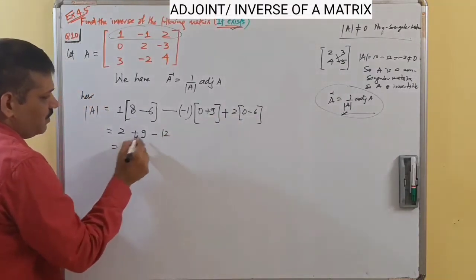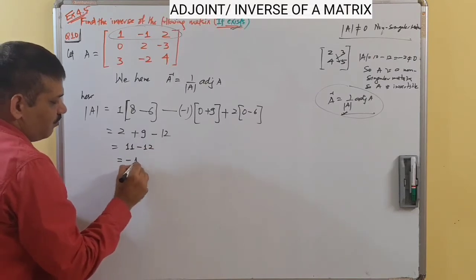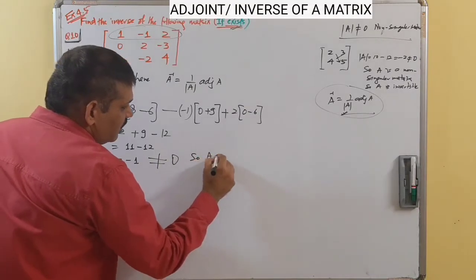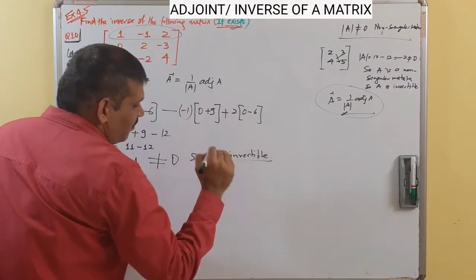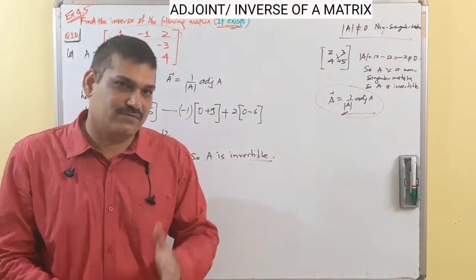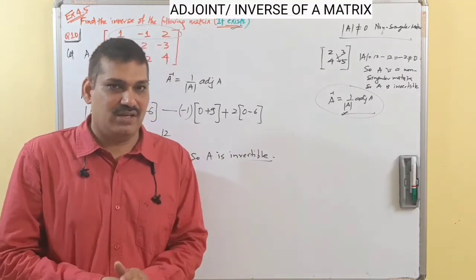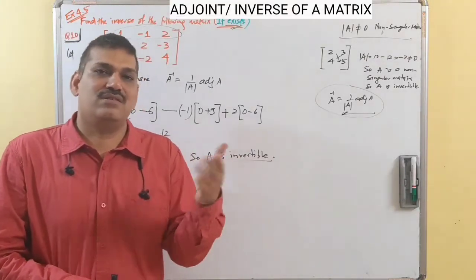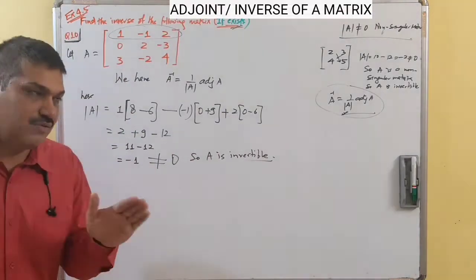So 2 plus 9 is 11 minus 12 is equal to minus 1, which is not equal to 0. So A is invertible. Mind it, whenever we are to find A inverse, first of all we must find the determinant of A. If the determinant of A is non-zero, only then we will proceed. Otherwise, if determinant A is 0, we will say it is non-invertible.